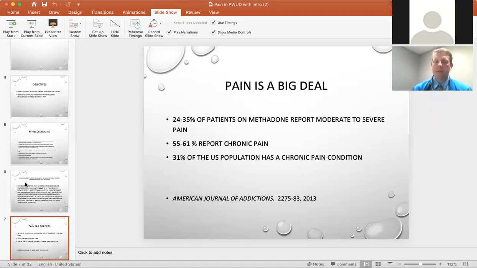Many of the patients that we see started their path, so to speak, to addiction because of a pain problem. So it's extremely common. We can't really avoid it. And even if you don't have an addiction, about a third of the population has some sort of painful condition. So if we go to the next slide.